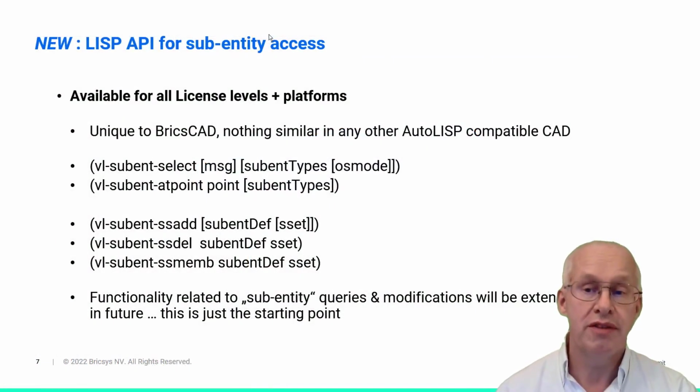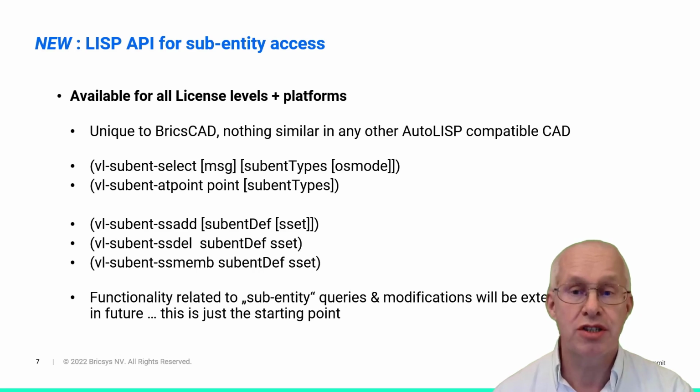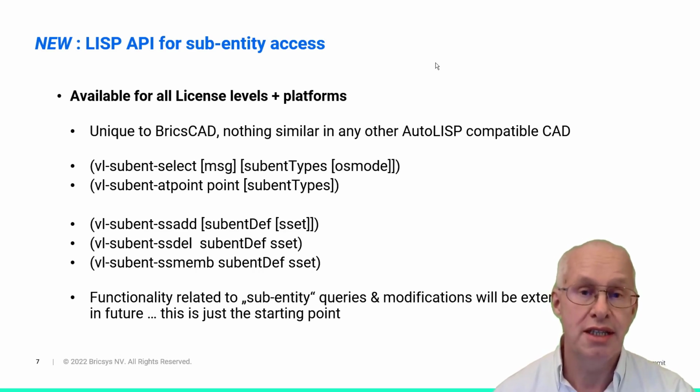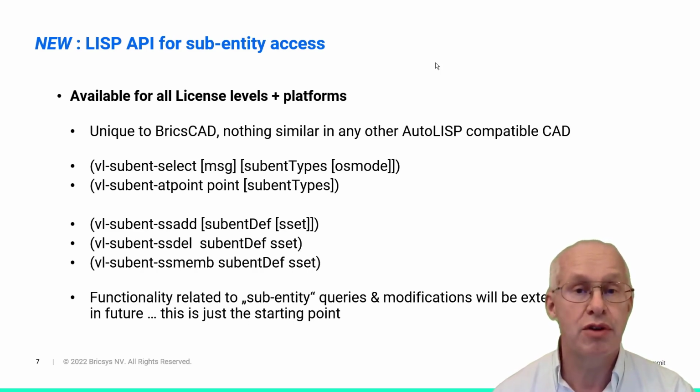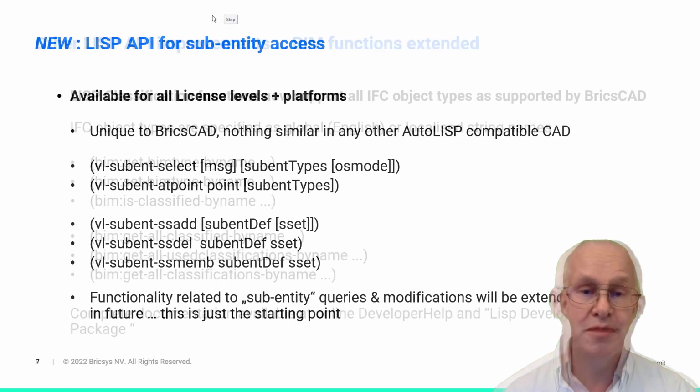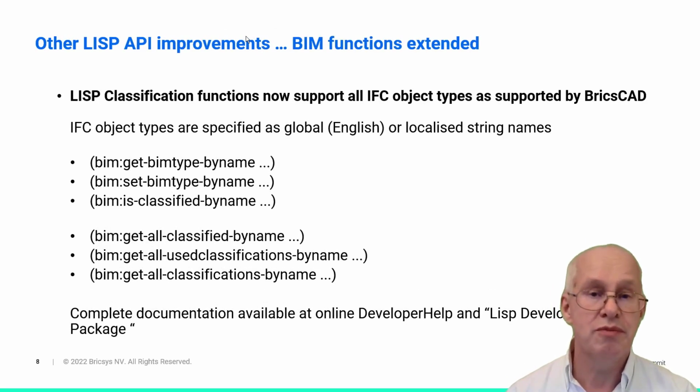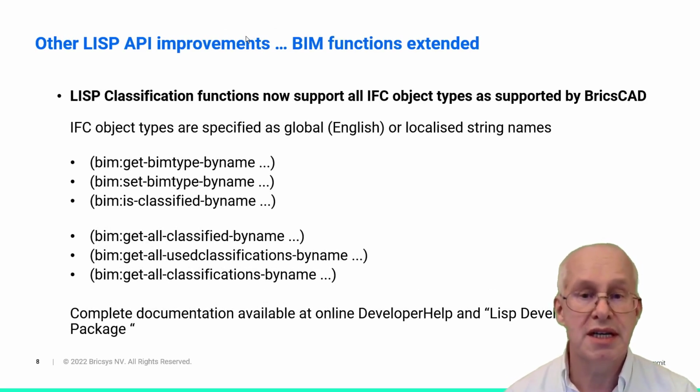At this moment, we provide just a starting point for the new sub-entity LISP functions family. There are already ideas to use this new functionality in relation to more geometric analysis and geometric operations during and after version 23. Of course, any feedback, wishes, ideas are welcome. Now for some important improvements for the LISP BIM interface.